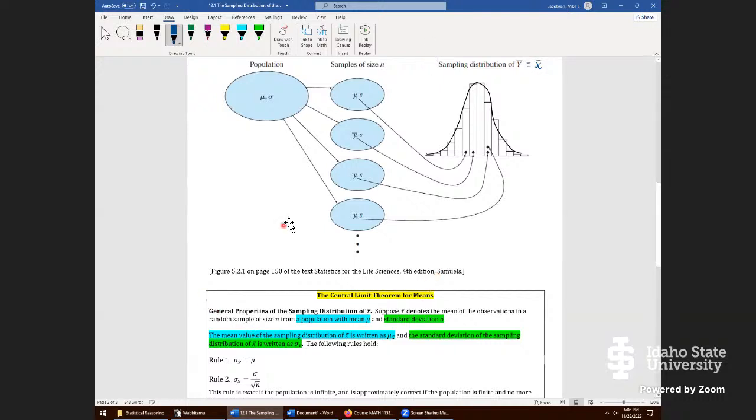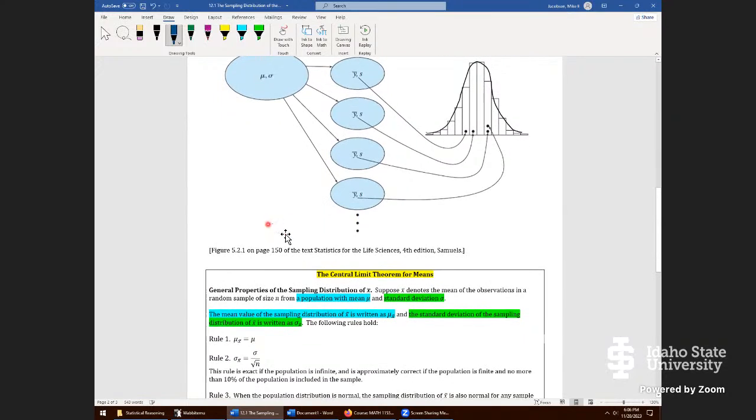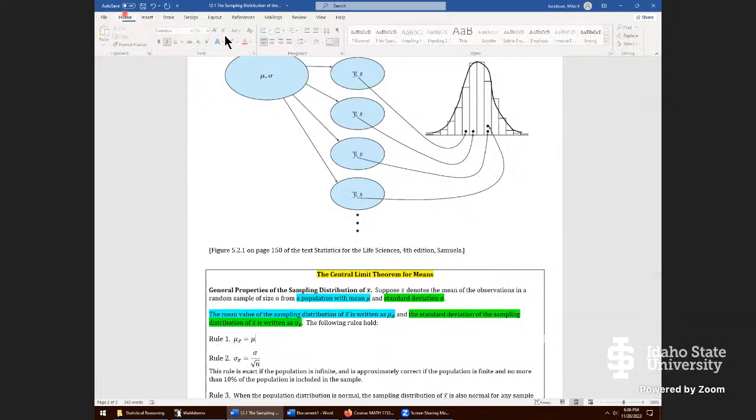So the central limit theorem, now that we have this on the paper here, it says, suppose X bar is the mean of the observations in a random sample of size n of a population that will have a true mean mu and a true standard deviation sigma. Then the first rule says the mean of X bar, let's blow that up a bit.